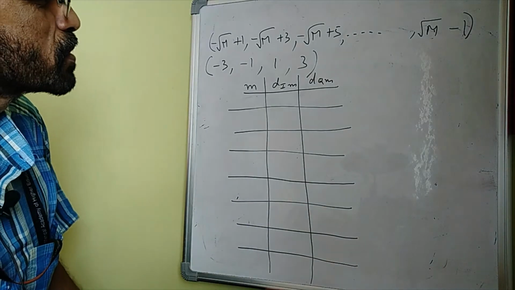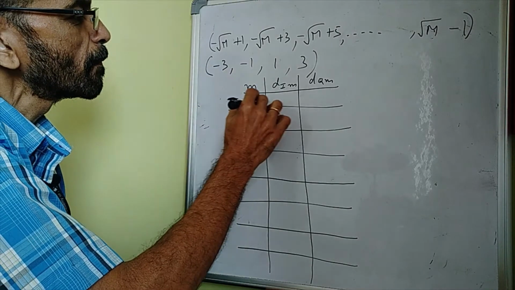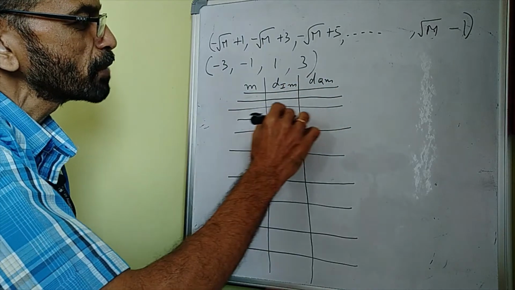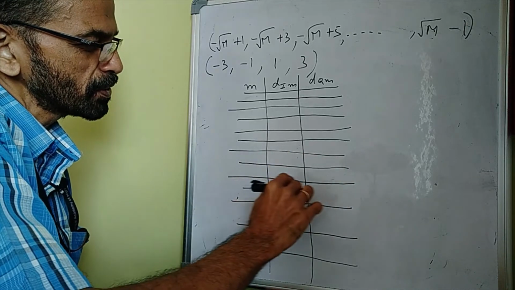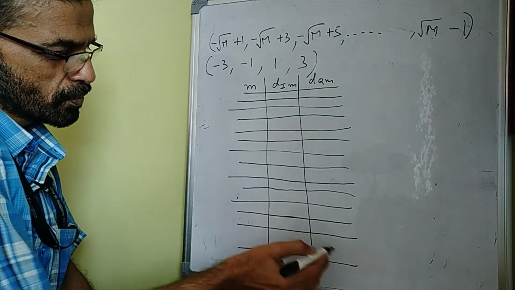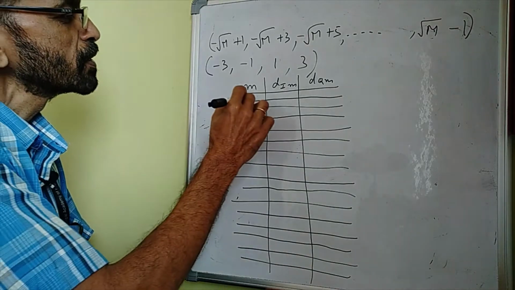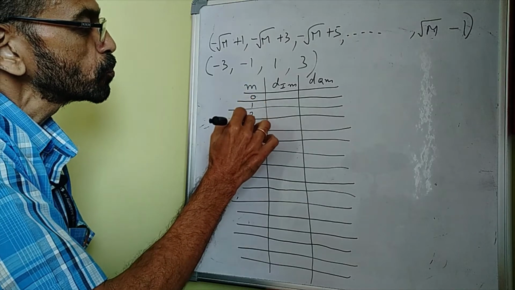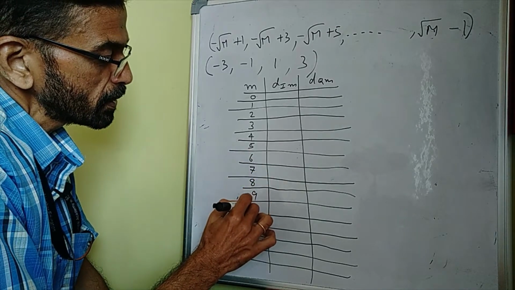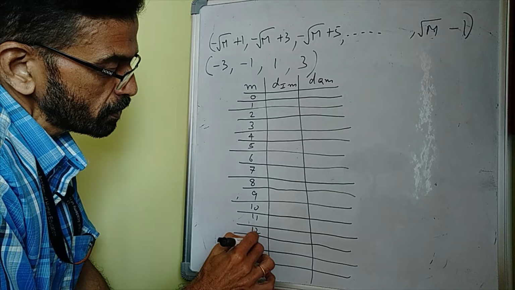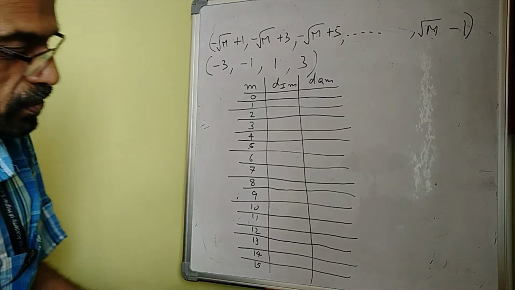Just to pay some attention to the aesthetics, I have to have at least 16 rows here. I think I have ended up with more than 16, but that's fine. So 0, 1, 2, 3, 4, 5, 6, 7, 8, 9, 10, 11, 12, 13, 14, 15. Exactly 16, not more than 16.